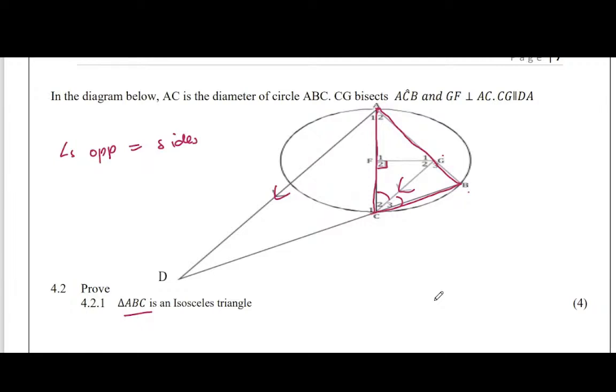What do we know from what has been given? There's a diameter, some things are bisecting, and so on and so forth. Do we have any parallel lines? Yes, we have parallel lines. So how do we make use of the parallel lines?